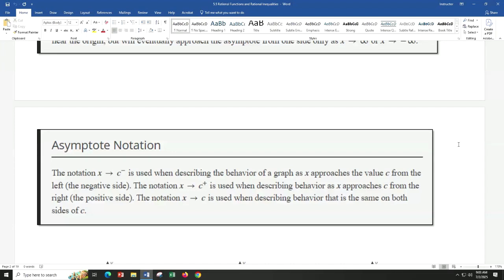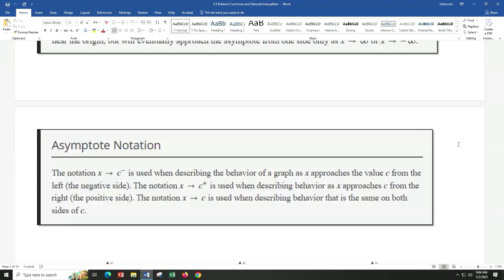Hear me out. This does not mean it's going negative. It means it's coming from negative toward that number. So you know which side of the function you're looking at. If I'm looking at a function here, here's my line. It's coming from this direction, and I know that because of that negative c. And then I don't know what's happening over here. It could be going up, it could be going down. And then the opposite is true for c plus.